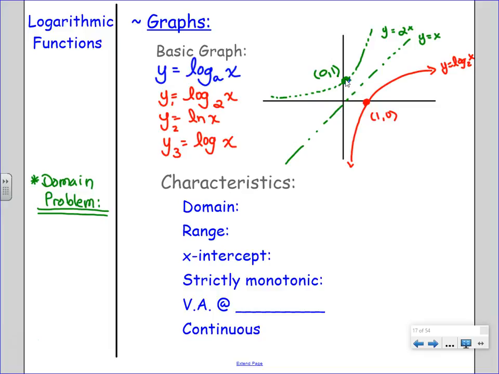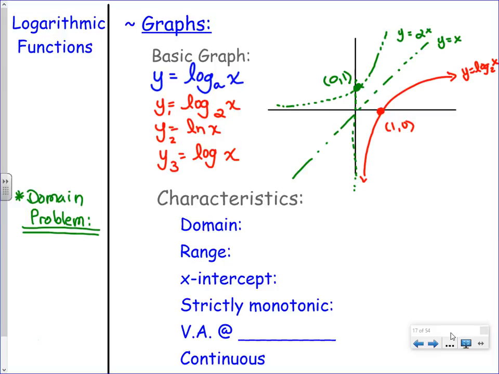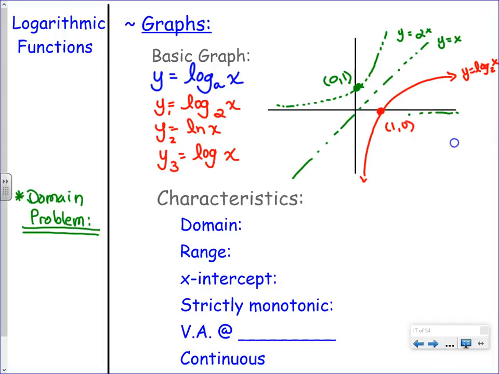Question. What kind of asymptote did the exponential function have? It had a horizontal asymptote, but where?